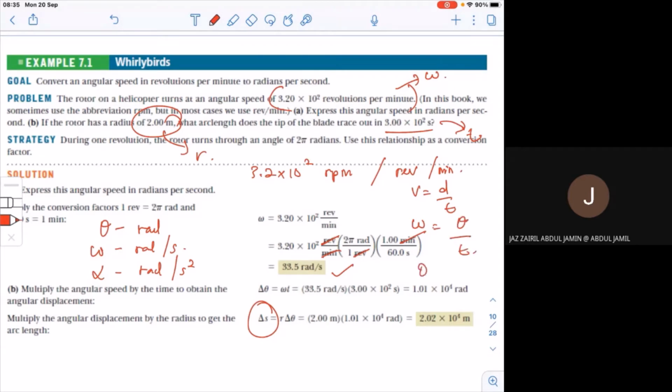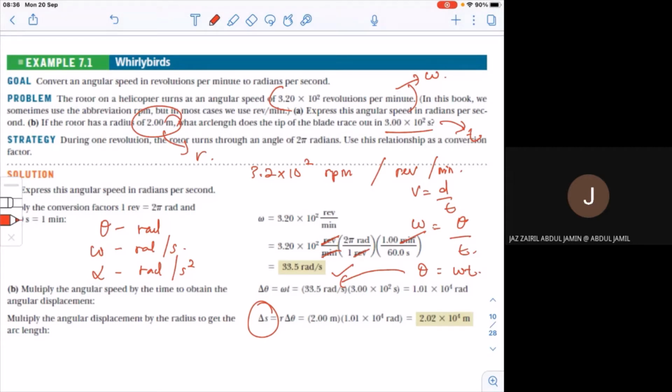So theta is omega times t, like this one. Now you have theta as omega times the 300 seconds. So you will get theta equivalent to 1.001 times 10 to the power of 4 radian. So that is the value of theta.